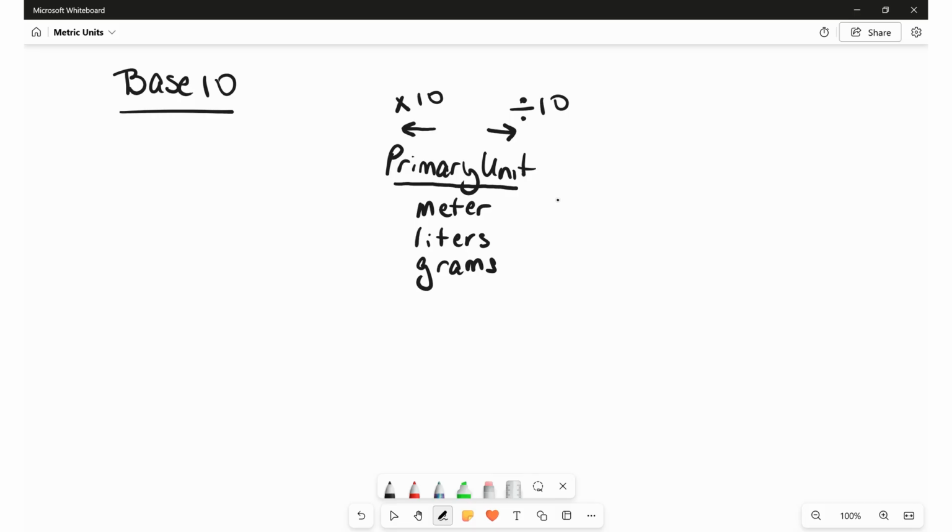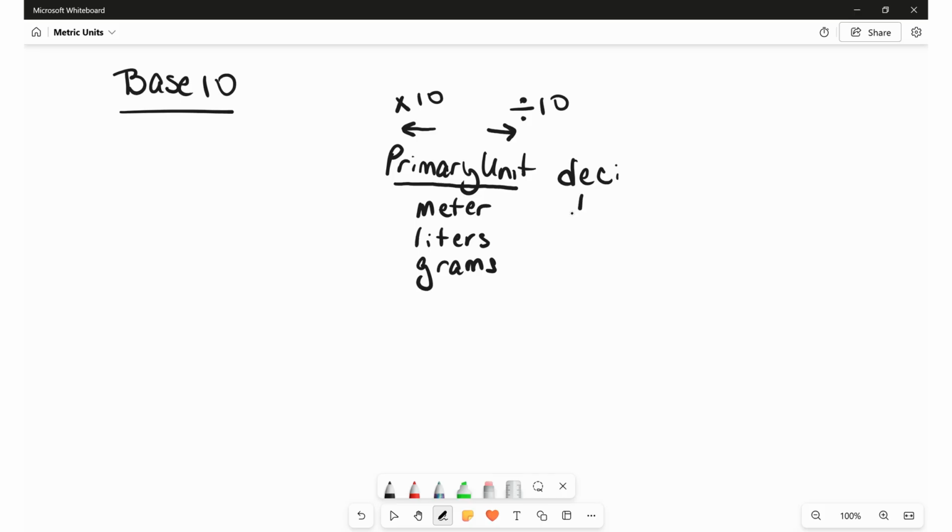So let's go smaller than our primary unit first. Well, when we go smaller than our primary unit by one space, the first thing that we are going to come across is going to be called deciunits.